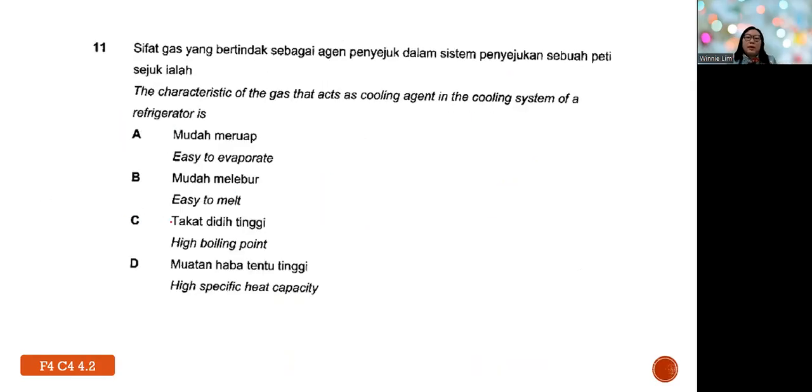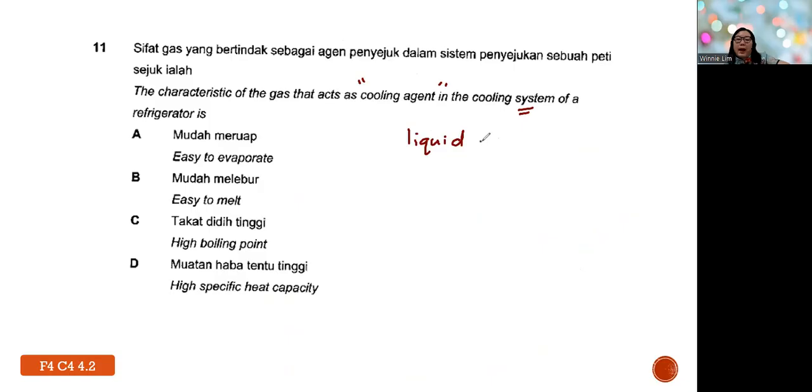Question 11. The characteristic of the gas that acts as cooling agent in the cooling system of a refrigerator. Okay, so this is a cooling agent in a cooling system. How does this cooling agent work? Basically they need to change state from liquid to gaseous state.